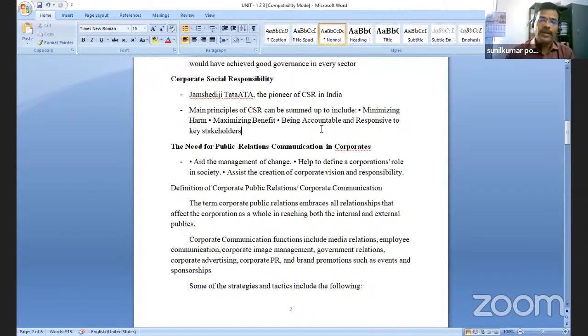Recently the government has an act. Every organization, every corporation must utilize 2% of their profit under corporate social responsibility.